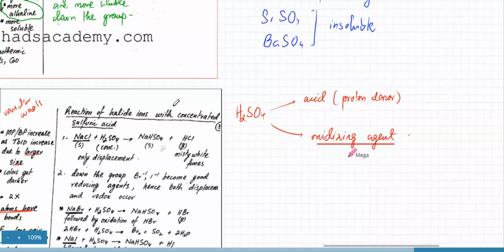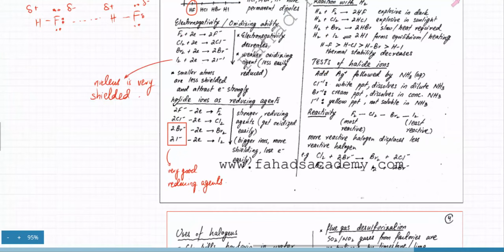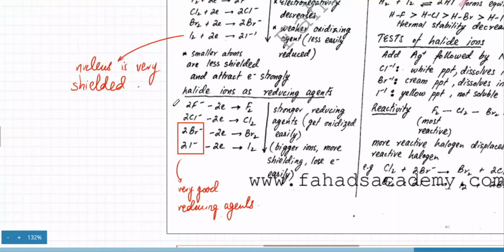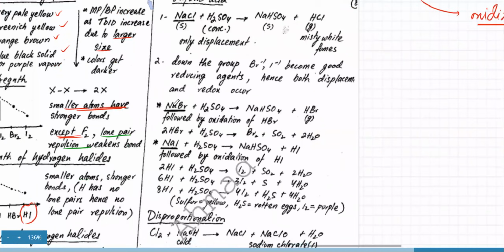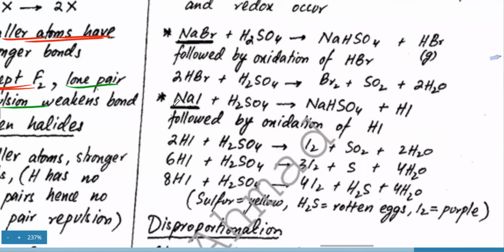We just did this. I told you that Br- and I- were pretty good reducing agents. So if you take NaBr and NaI, they both contain Br- and I- ions.